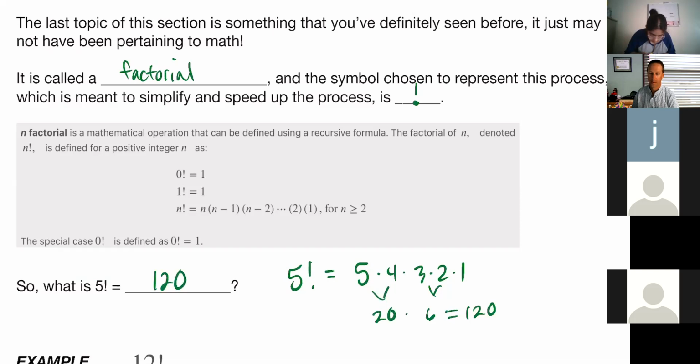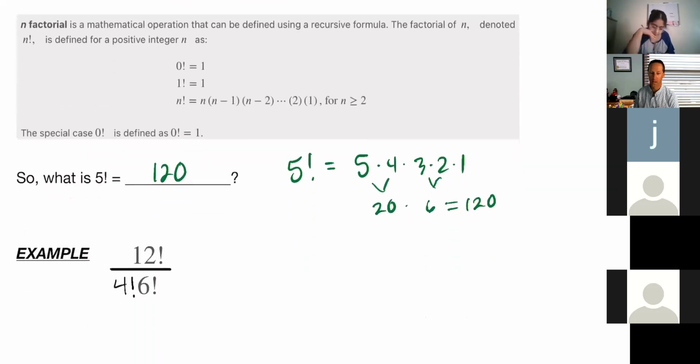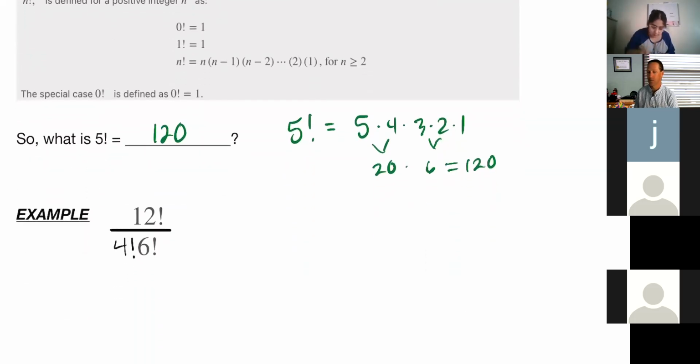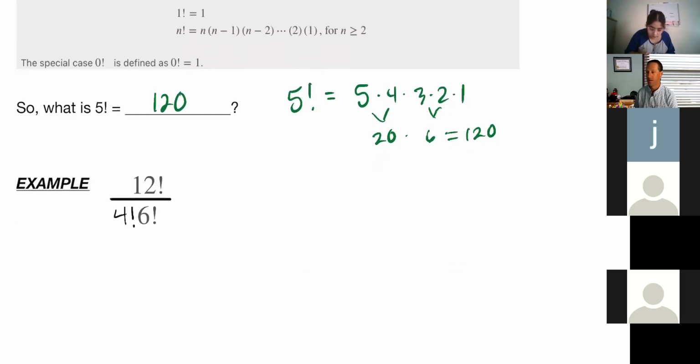But we want to make sure that we actually know how to work with these things. So here's a quick example. If you're going to use your calculator, you've got to be very careful, because calculators don't make mistakes. You do. So what am I going to put in my calculator, or what could I write out for this? Well, I know 12 factorial means 12 times 11 times 10 times 9 times 8. I'm not going to write all that out.